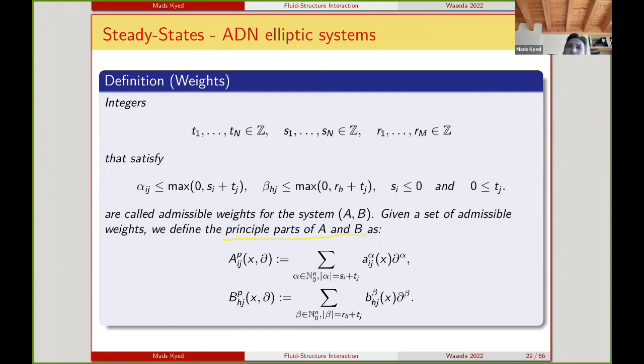If you just have a scalar equation, the principal part of your symbol is the derivative of highest order. But here we have derivatives of mixed order. So if you think about a system, of course, we go back.